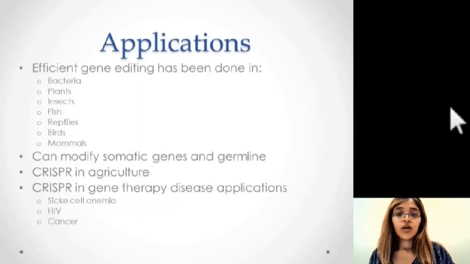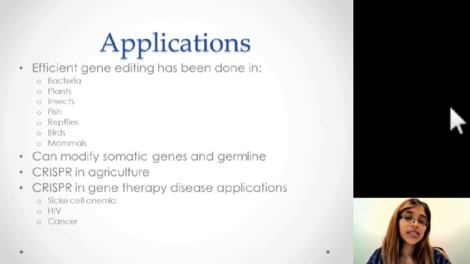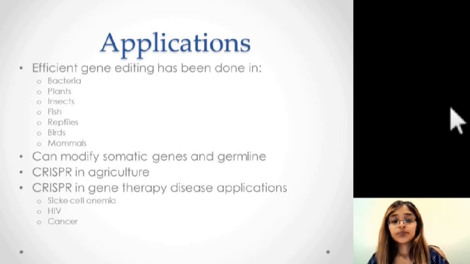So we're going to go ahead and go back to the applications of CRISPR-Cas9. It has been used in many different places, such as bacteria, plants, insects, fish, reptiles, birds, and mammals.